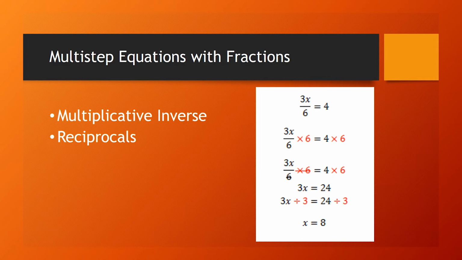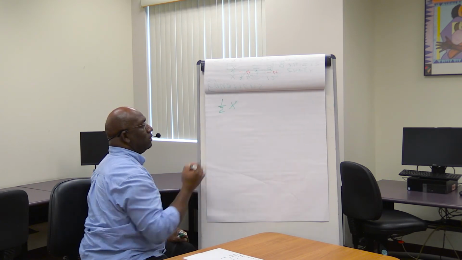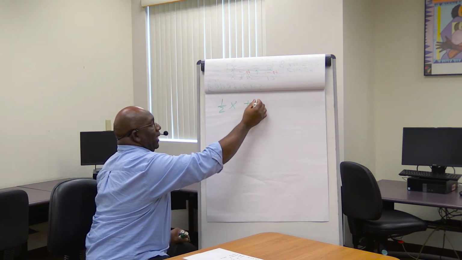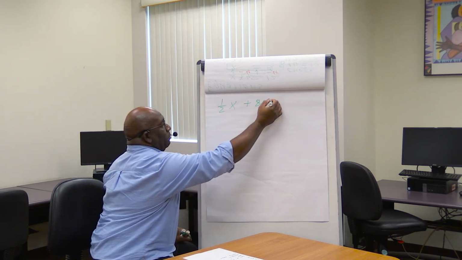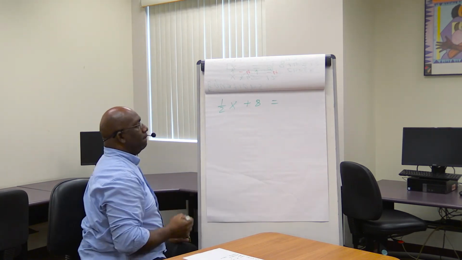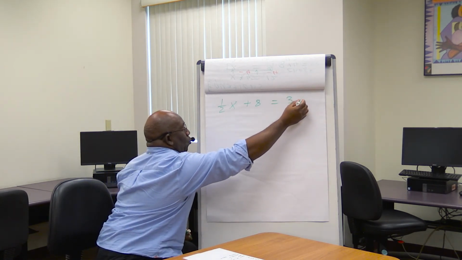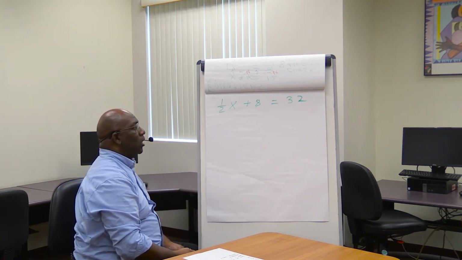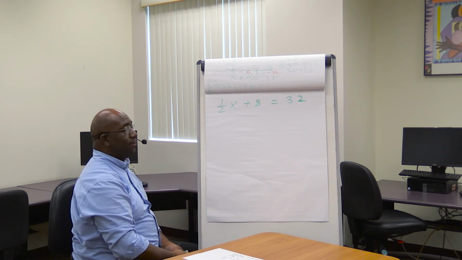So for example, 1/2 of x plus 8 gives me a number, 32. That is my equation. 1/2 of x plus 8 equals 32.